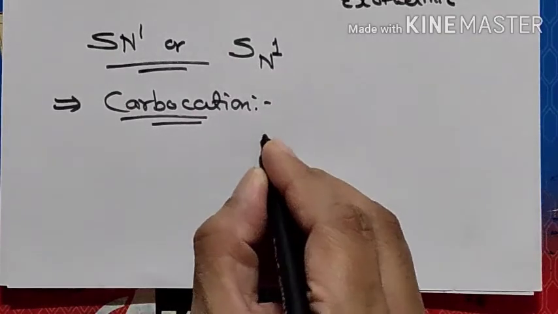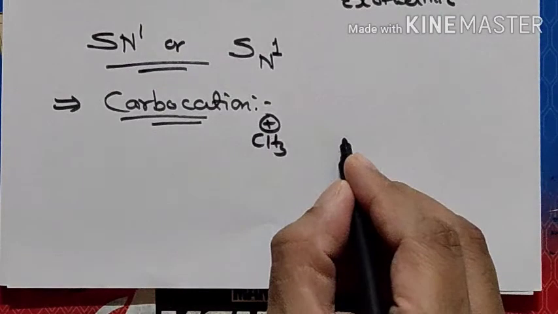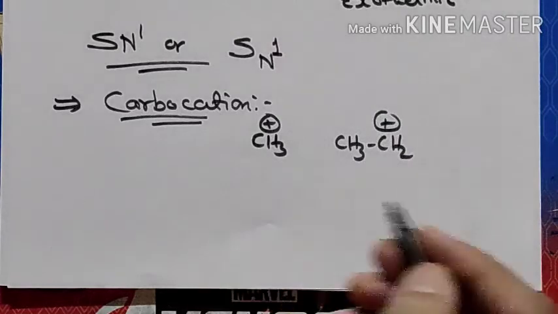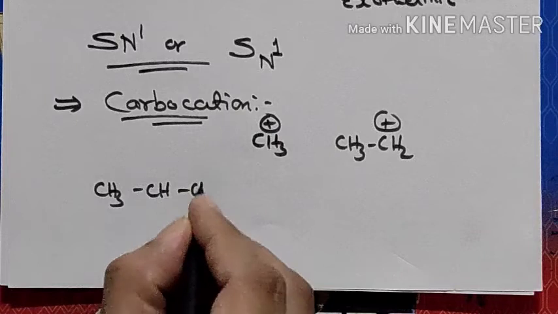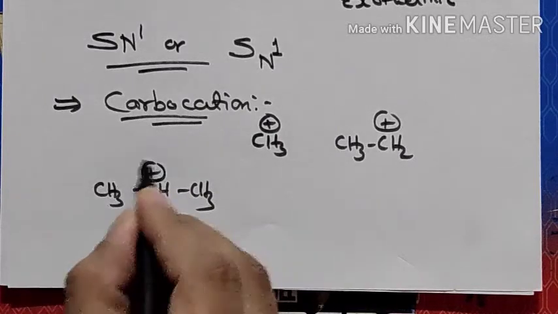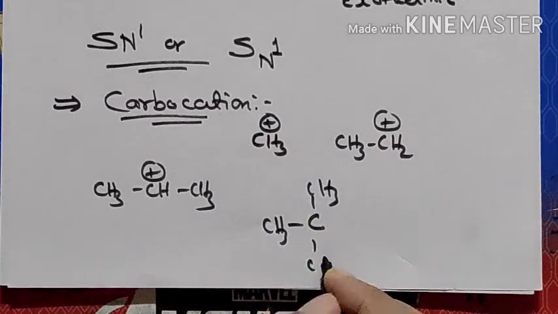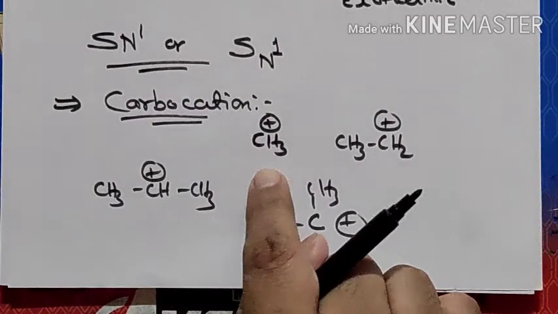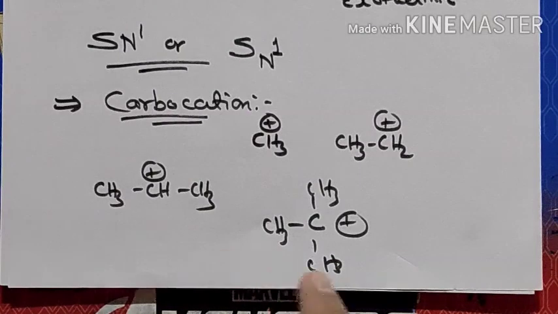Now suppose I have CH3 plus, I have CH3 CH2 plus, I have CH3 CH CH3 plus, and one more, CH3 C CH3 CH3 plus.